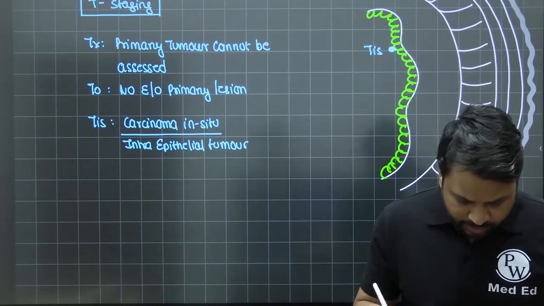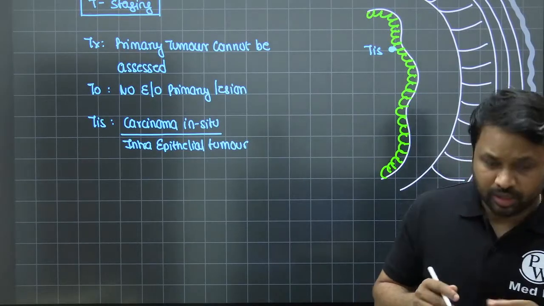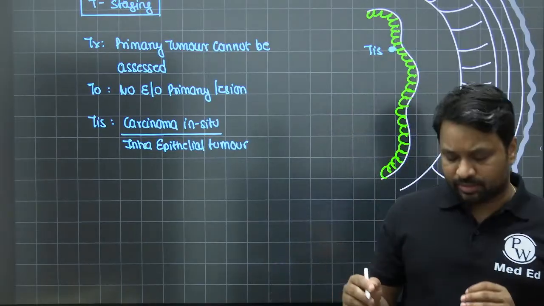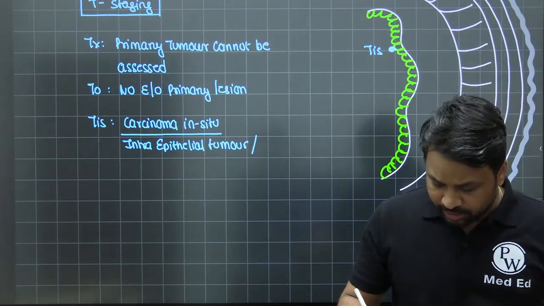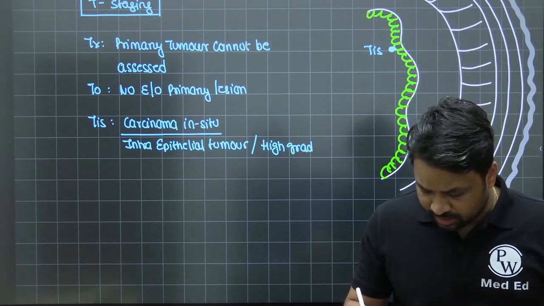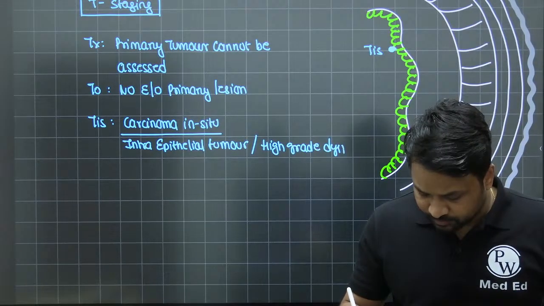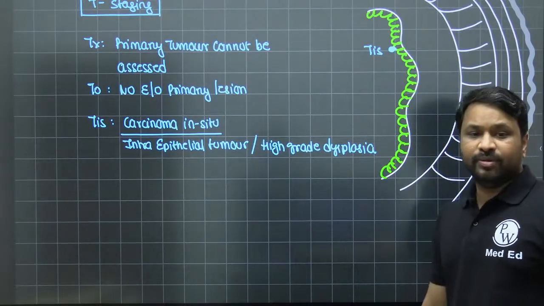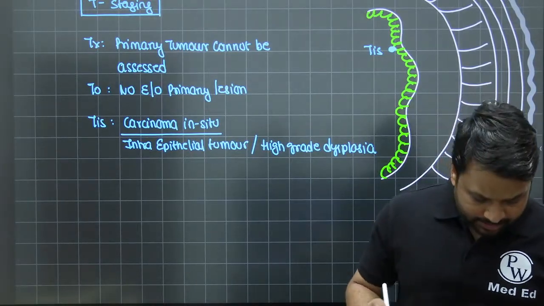This is considered to be an intraepithelial tumor. Remember, you will not have a breach in the basement membrane. The basement membrane integrity will be maintained, or it can also be considered with high grade dysplasia. Presence of high grade dysplasia will be considered as TIS, right?